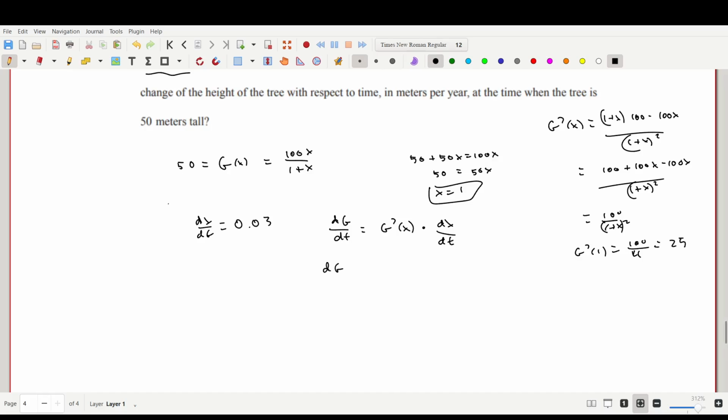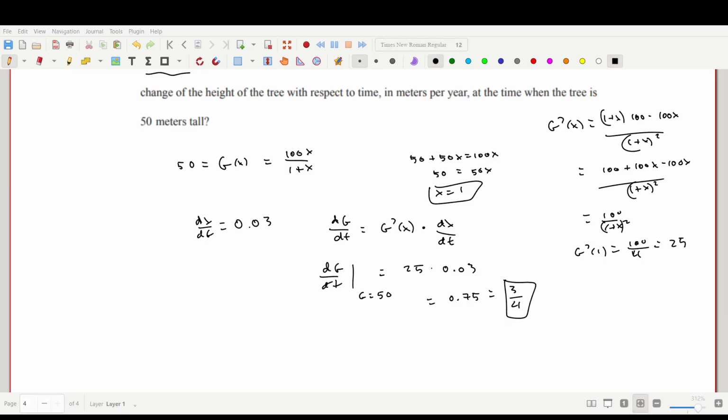So here dg/dt at x equals 1, or at g is 50, is going to equal 25 times 0.03, which is 0.75, which is 3/4, which I'm pretty sure is the correct answer. I think I remember that one.